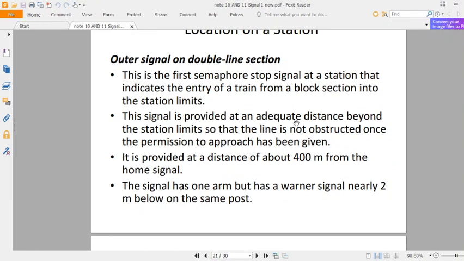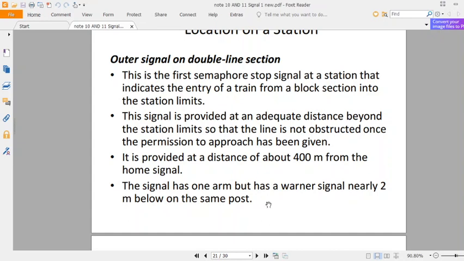This signal is provided at an adequate distance beyond the station limit so that the line is not obstructed once the permission to approach has been given, and it is provided at a distance of about 400 meters from the home signal. So basically the home signal is provided after the outer signal.